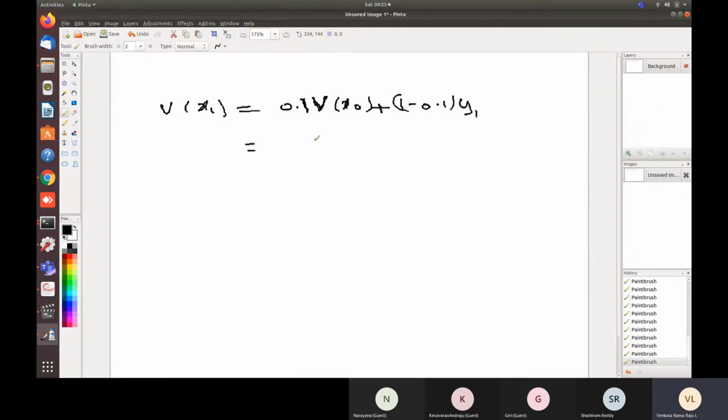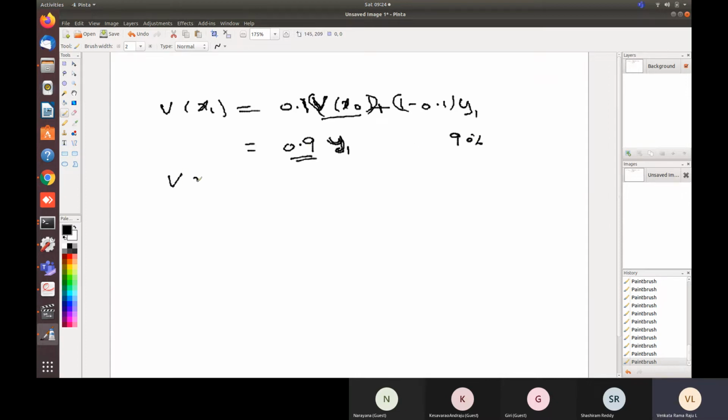So what is y1 here? No value there, right? V of x0 is 0, so it's going to be 0.9 into y1. What it did: current day, 90% it took.